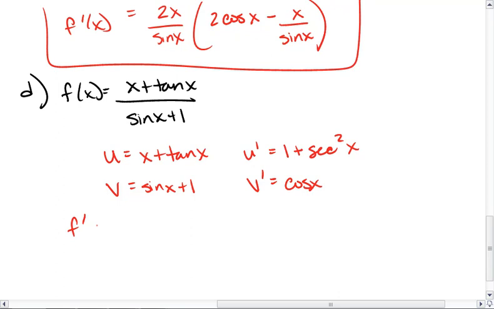The quotient rule tells me that f prime of x will equal u prime v minus u v prime all over v squared.